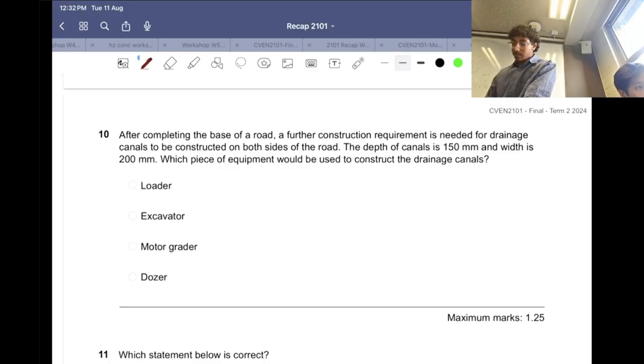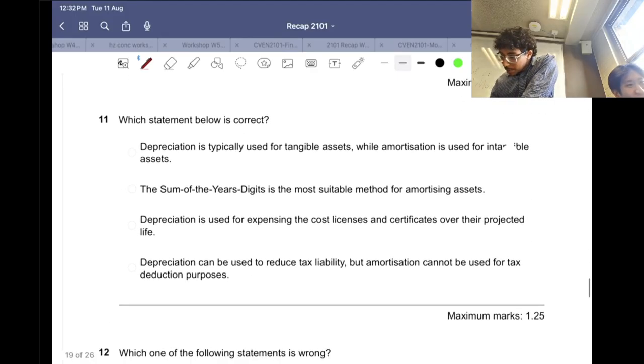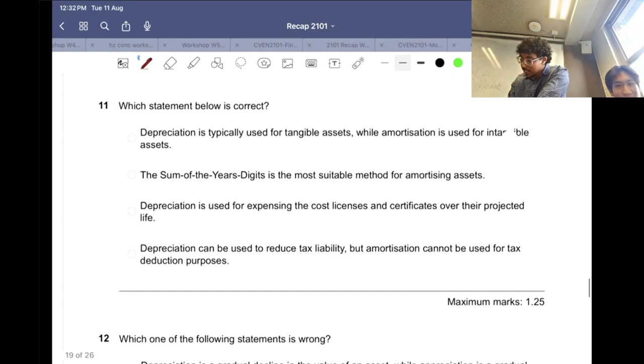So nice. Which statement below is correct? Depreciation is typically used for tangible assets, whilst amortization is used for more intangible assets. The sum of the year's digits is the most suitable method for amortizing assets. Depreciation is used for expensing the cost of license certificates over the projected life.